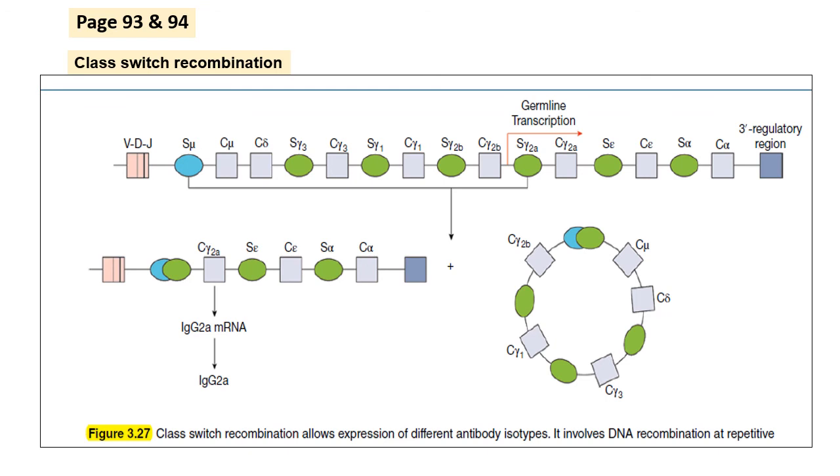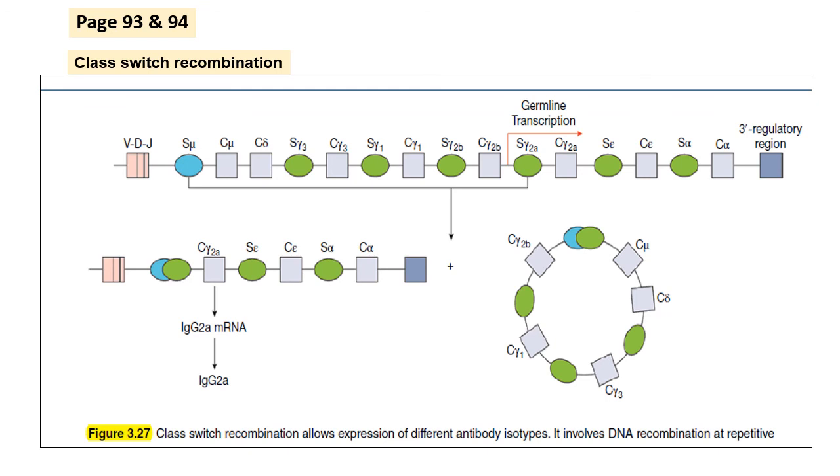Here, IgG2A messenger RNA will be synthesized as immunoglobulin G2A, as is very clear here, according to the messenger RNA created as a result of recombination.